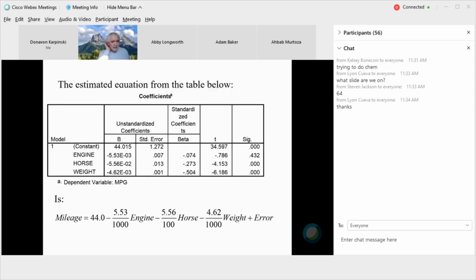So from that, you have the equation for predicting mileage from engine size, horsepower, and weight. The fact that these coefficients are all negative means that if you increase engine size, horsepower, or weight, you decrease mileage.